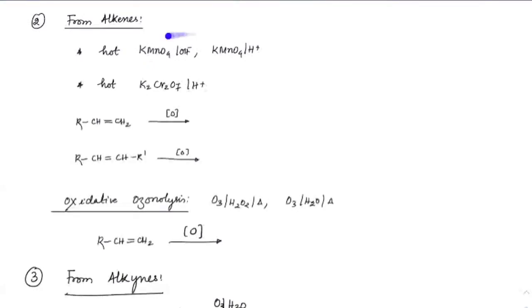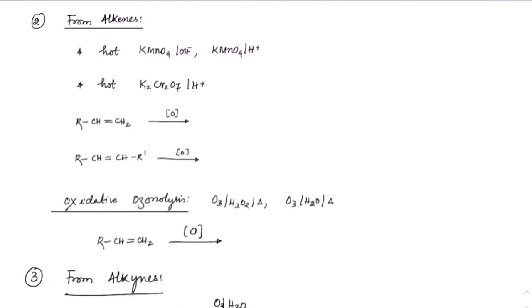Alkenes, you can see we can have various oxidizing agents which can break the double bond. So hot KMnO4, basic alkaline KMnO4 or acidic KMnO4 or hot K2Cr2O7/H+, all of them will break this double bond.